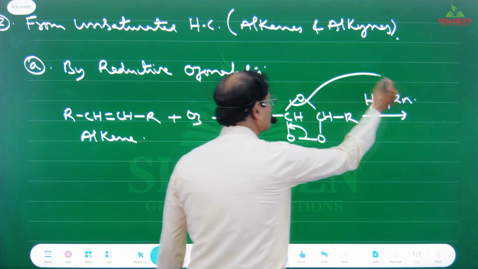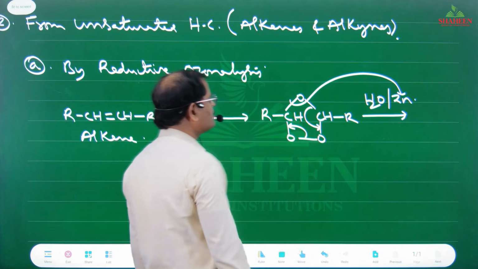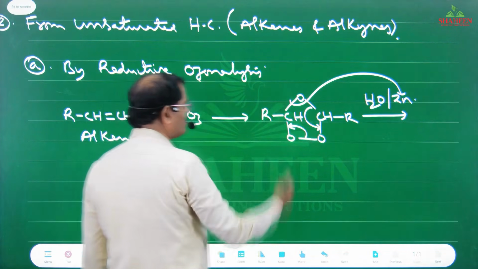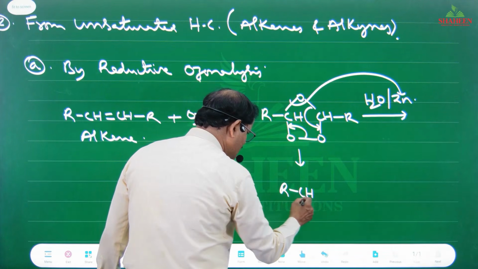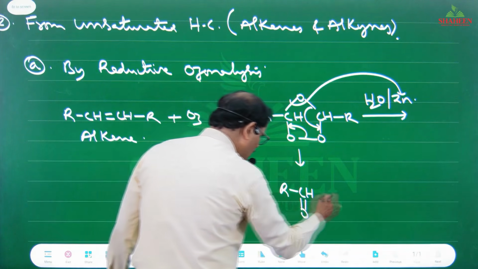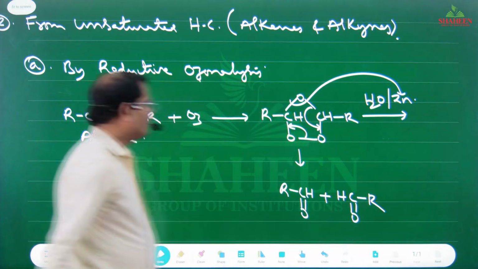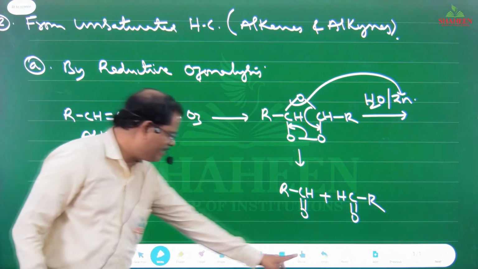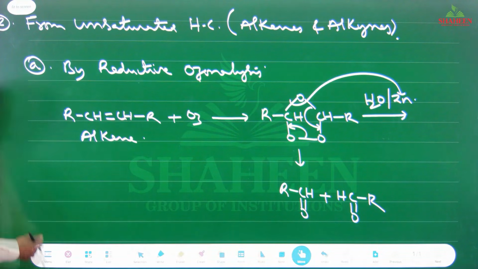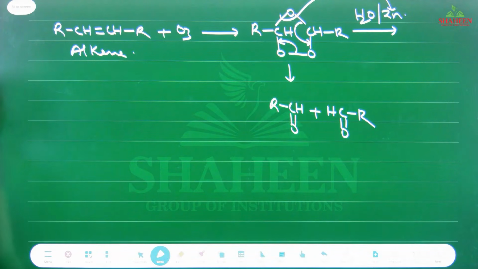So here, this oxygen is bonded with zinc, the bond dissociates, and a double bond forms, giving RCH double bond O plus HC double bond OR. Wherever the double bond is available between carbon atoms, the double bond dissociates and each carbon atom is added with an oxygen atom.